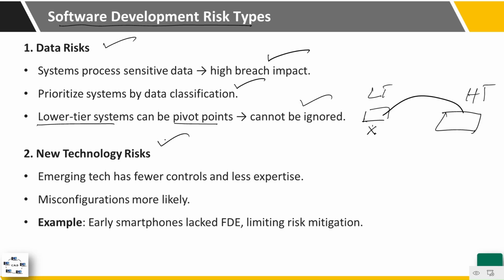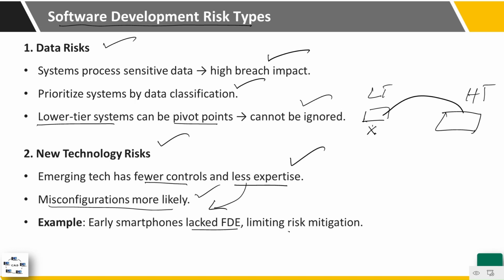Second is the new technology risk. Emerging tech has fewer controls and less expertise. Therefore, the chances of misconfiguration are more likely due to the lesser expertise of the human resources. For example, early smartphones did not have full disk encryption.